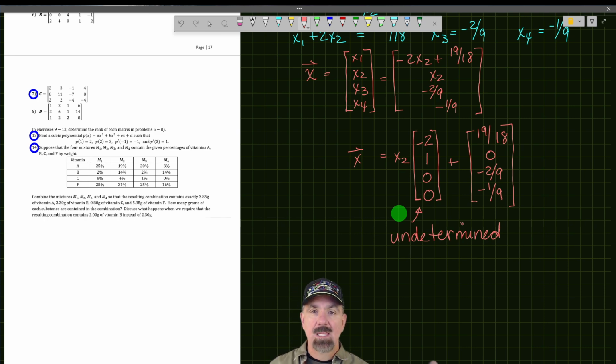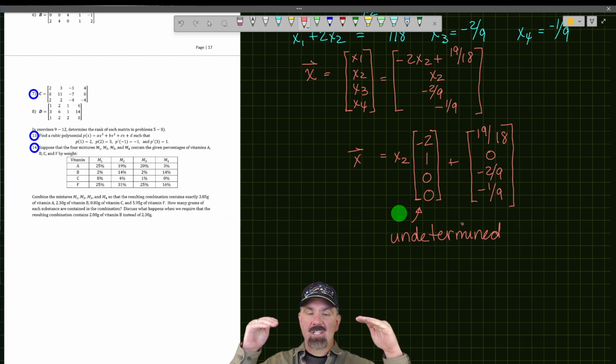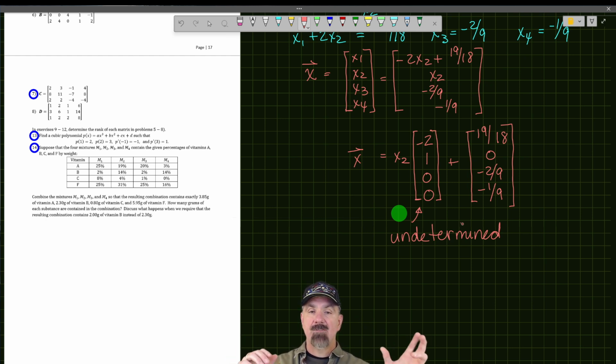We have the ability to actually turn the x2 knob to come up with some desirable quantity, some desirable solution. This is the whole idea behind optimization. We have a set of constraints and we have an objective function. And we have to satisfy the constraints. Oftentimes those constraints are inequalities as opposed to just equalities. And you'll learn more about that if you take OR classes.